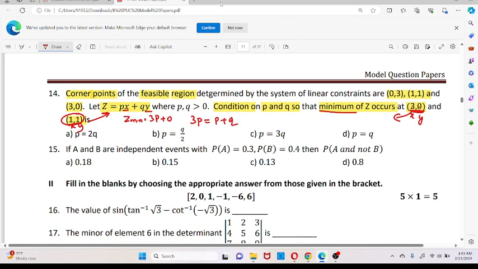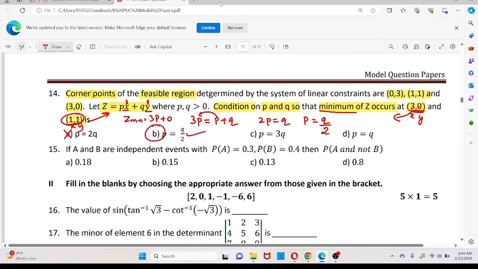Suppose you put x as 1 and y as 1, it is 1 into p is p and 1 into q is q, so it is p plus q. Shifting p here, it becomes minus p, so we get 2p equal to q. Suppose you check, there is no option 2p equal to q present. But p equal to q by 2 is there, so there is a chance of making a mistake here. Instead, I can rewrite this as p equal to q divided by 2. So I think option B will be the right one.